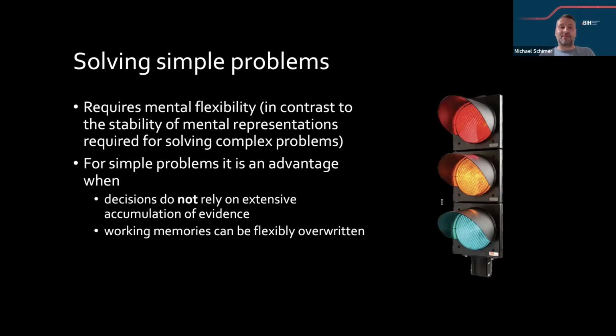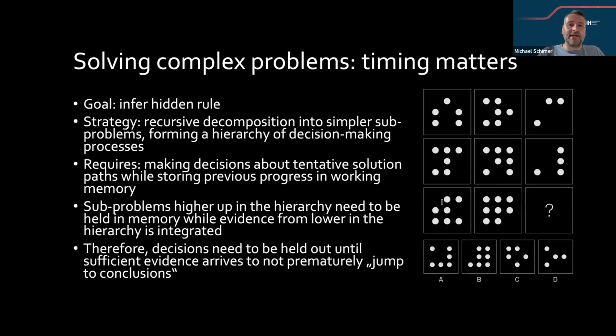But this is different for harder problems, of course. There we need to keep them in memory, keep them online, to have them available, so that the evidence from these solutions or decisions can then accumulate and be used for other decisions. So for solving complex problems, the timing matters.